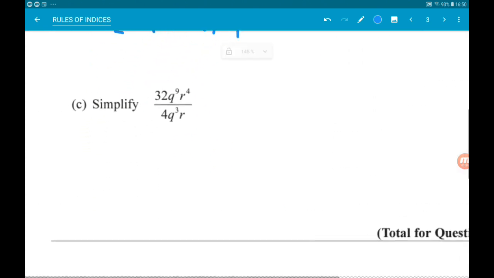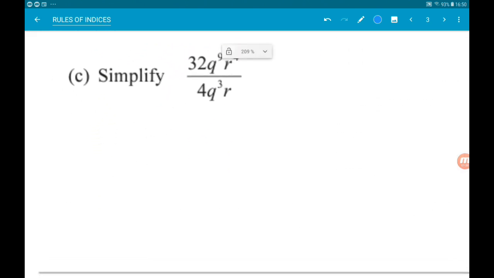Okay, then part C wants us to simplify 32 q to the power 9 r to the power 4 divided by 4q cubed r. So, with one like this, numbers can only affect numbers, q's can only affect q's, r's can only affect r's.